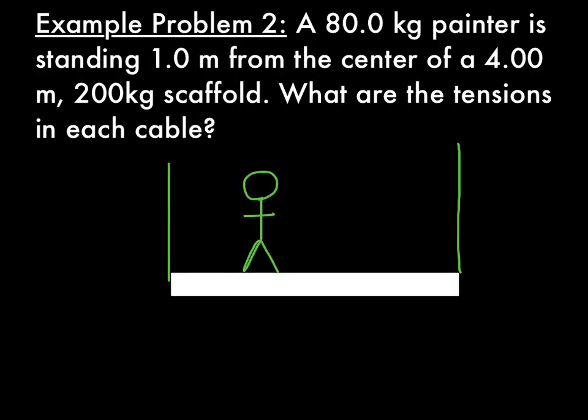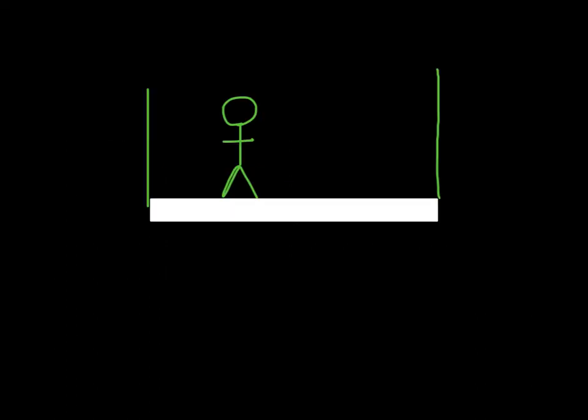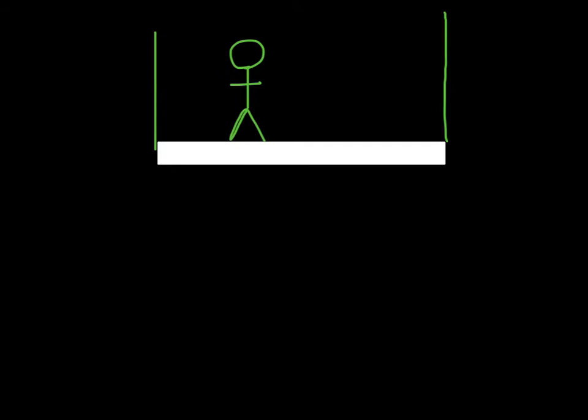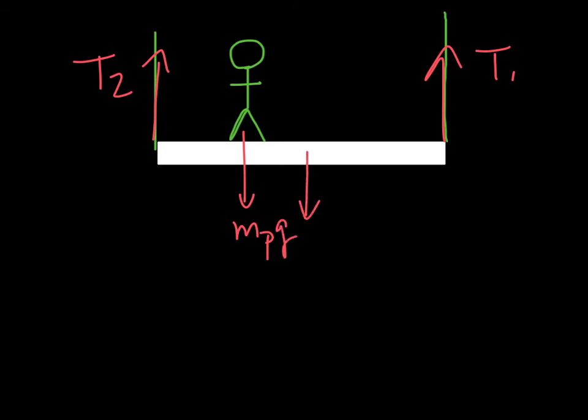So now we have a painter on a scaffold. I'll let you read the problem. And if we go about solving this, same way, force diagram, we have T1, T2, mass of the painter times G, and this is mass of the scaffold times G. I'll put in the lengths real quick.